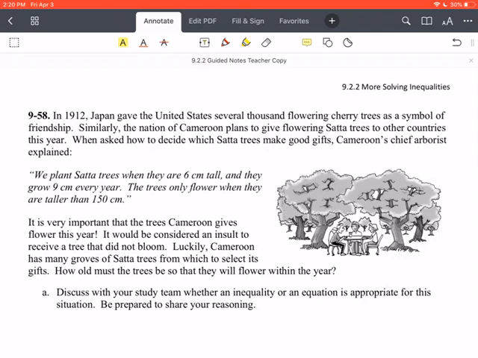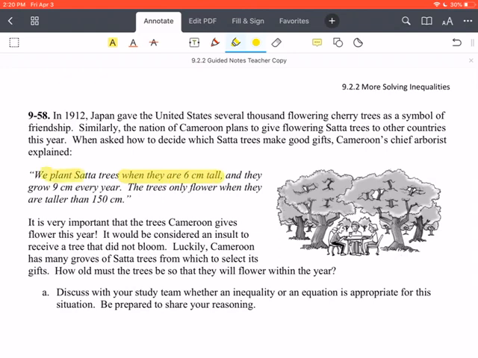It says, in 1912, Japan gave the United States several thousand flowering cherry trees as a symbol of friendship. Similarly, the nation of Cameroon plans to give flowering sada trees to other countries this year. When asked how to decide which sada trees make good gifts, Cameroon's chief arborist explained, "We plant sada trees when they are 6 centimeters tall."